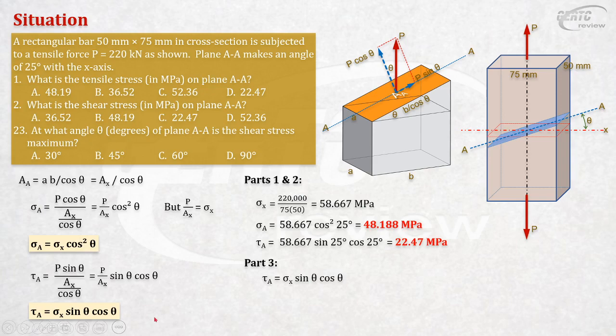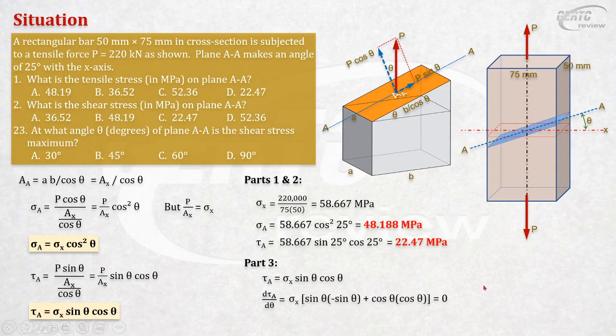So we have d tau over d theta, sigma x constant. This is the product formula, sine cosine, u v. U dv, sine, negative sign, the derivative of cosine, plus v du, cosine, the derivative of sine is cosine. This becomes sine squared, that becomes cosine squared, negative, opposite.